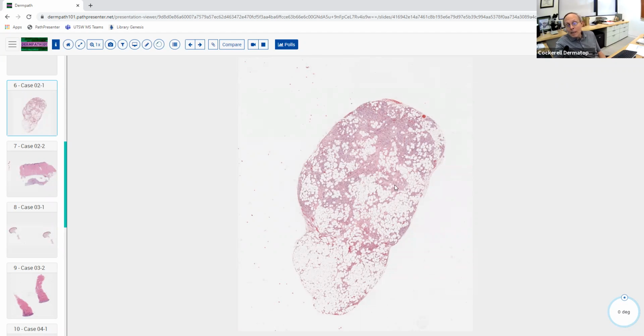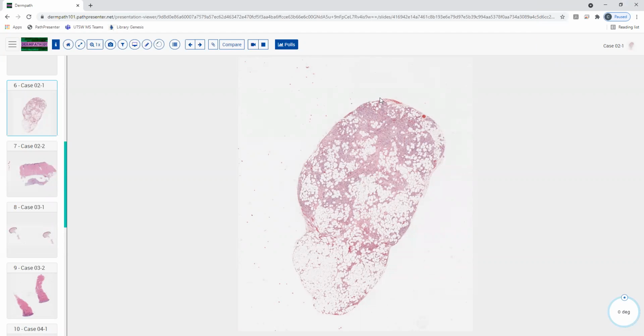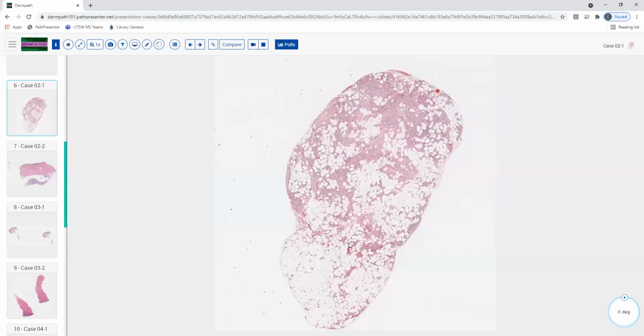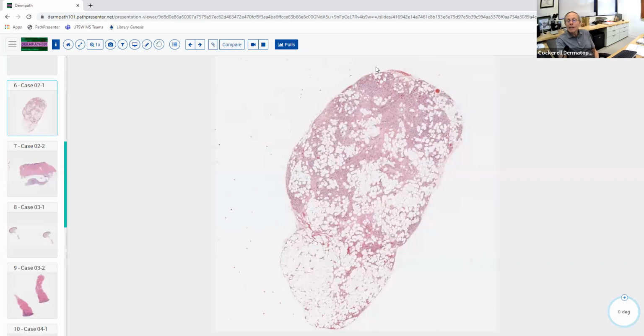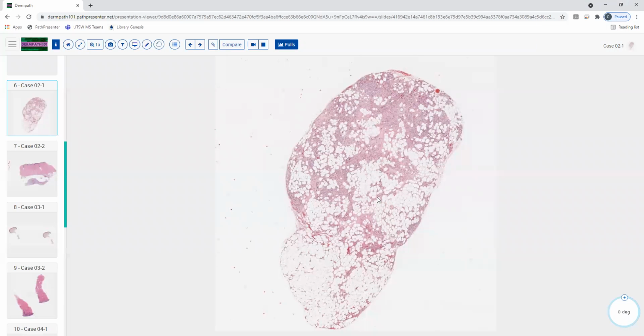But what about looking at our architecture here? I think it's mixed, it looks like mature fat and then maybe vessels and some stromal cells. Yeah, but it looks benign based on being symmetrical, well circumscribed, small in size, all the things we talked about before. So then you ask yourself, what kind of differentiation?